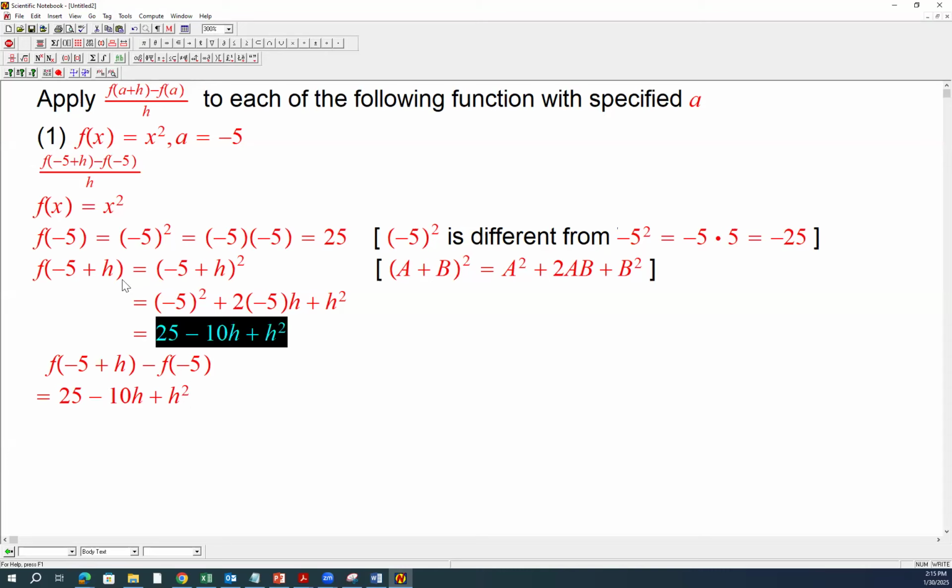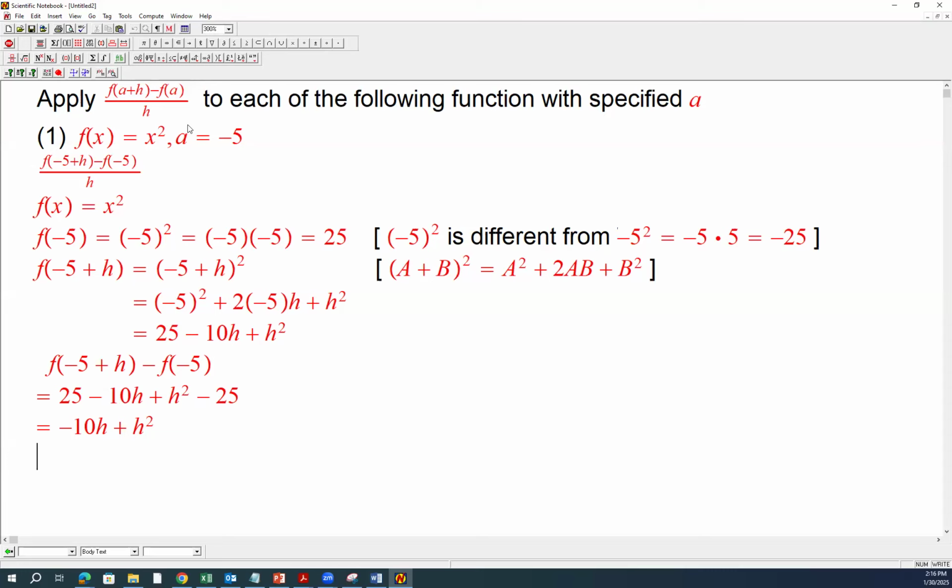So we take all of these, and f of negative 5 is 25. So subtract 25. And then we're going to combine like terms, right? So 25 minus 25, that makes 0. So we will be left with negative 10h plus h squared.